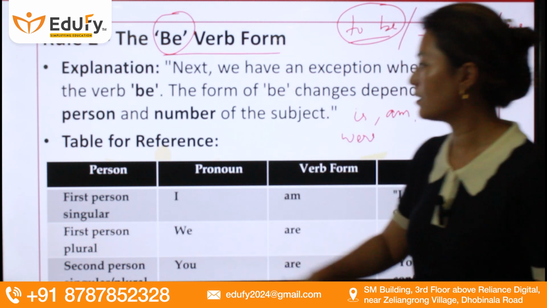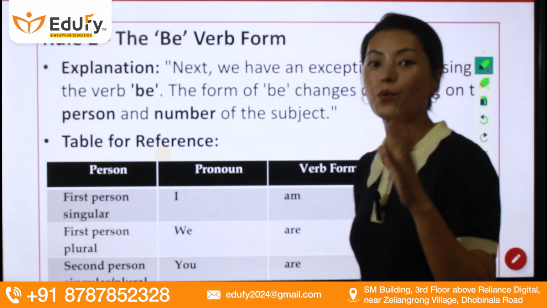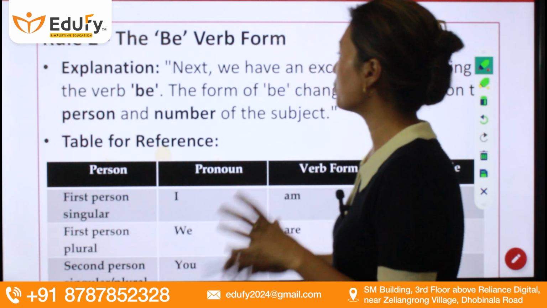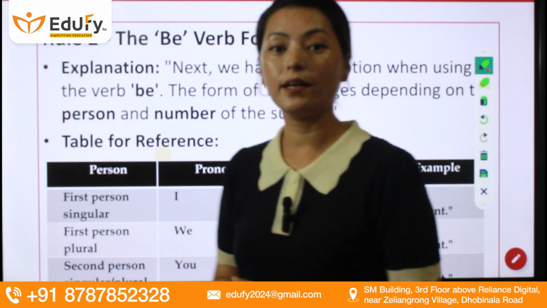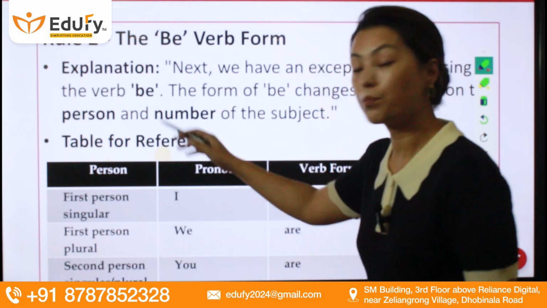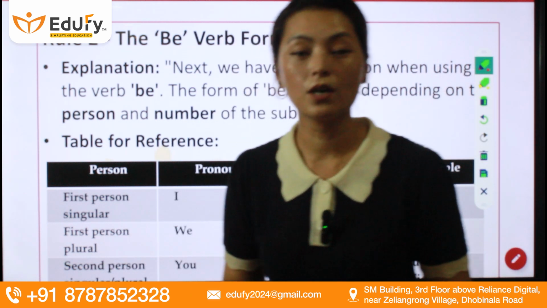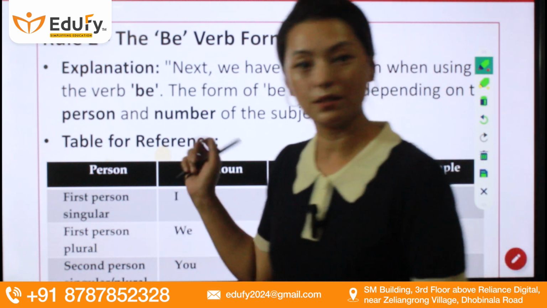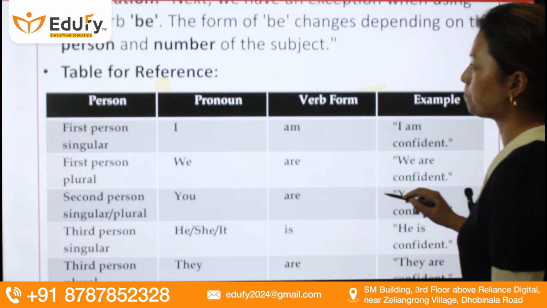And when we look at that, we will see that it has a main connection with pronouns. That means whenever we use the be form, we must always look at the subject. And also when we use pronouns, that is first person, second person, and third person personal pronouns, we also make use of this be form. So let's take a look at the correct usage.